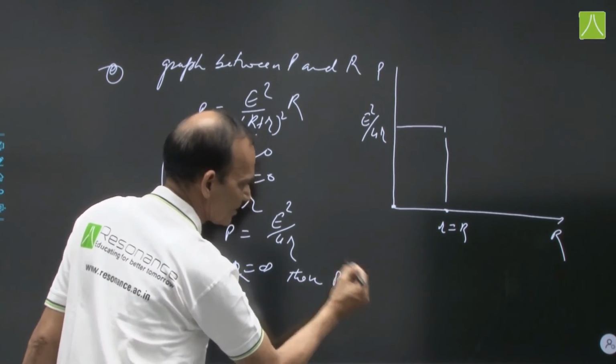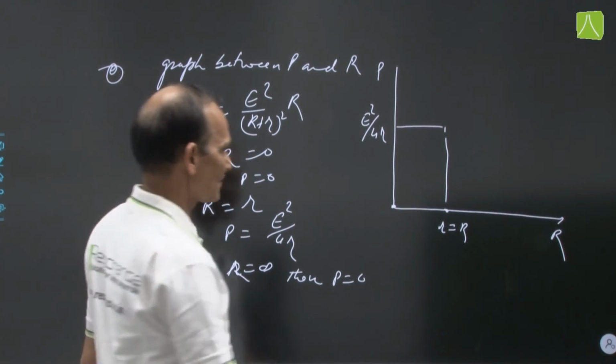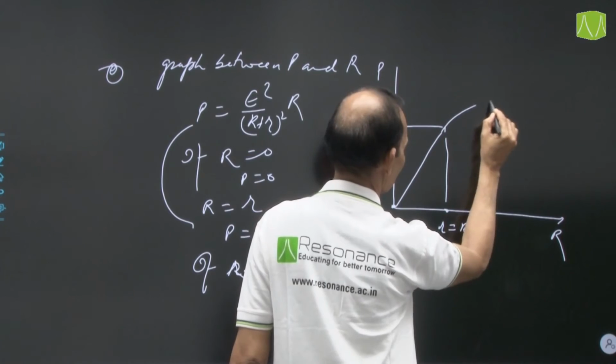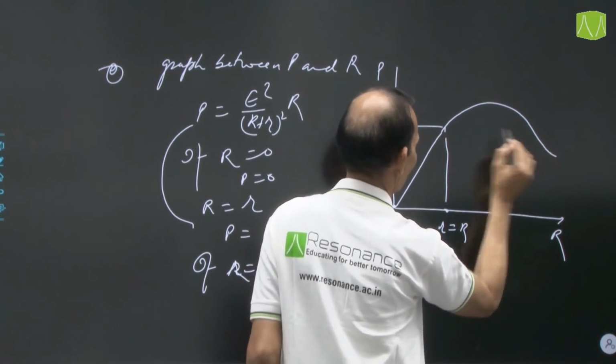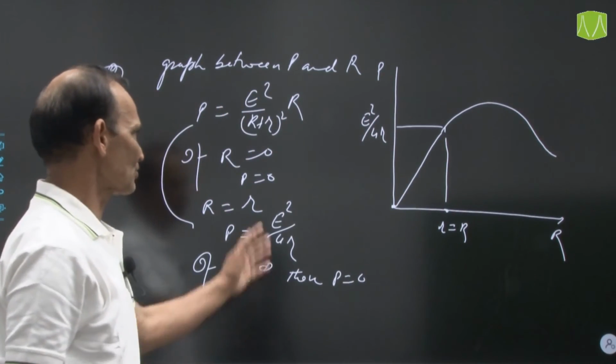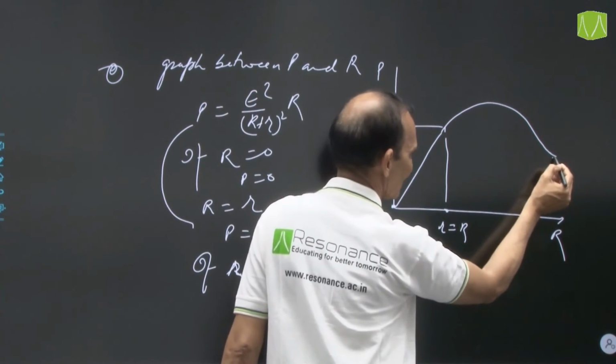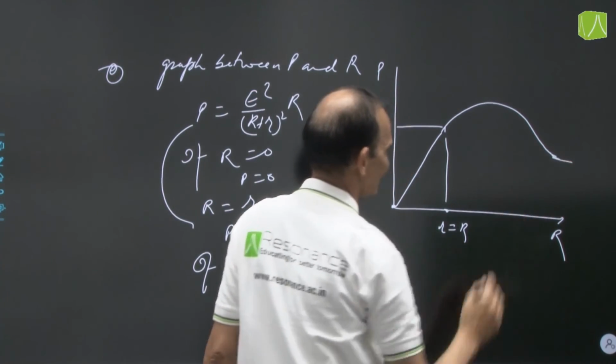It will be 0. P will be 0, which means the graph will be in this way. Now think about this graph, it is curved, it starts from the origin, and it goes to 0 when R becomes infinity.